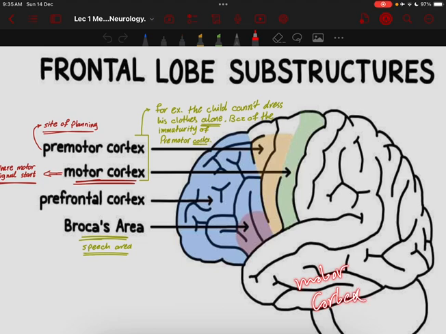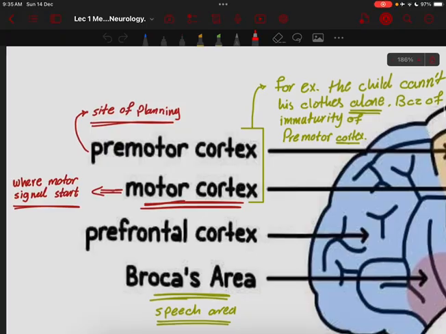In the motor area, the initial motor signal is started. Like a dynamo, it sends motor signals down to the body.